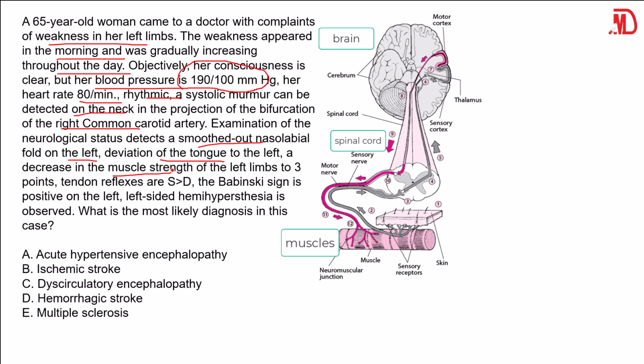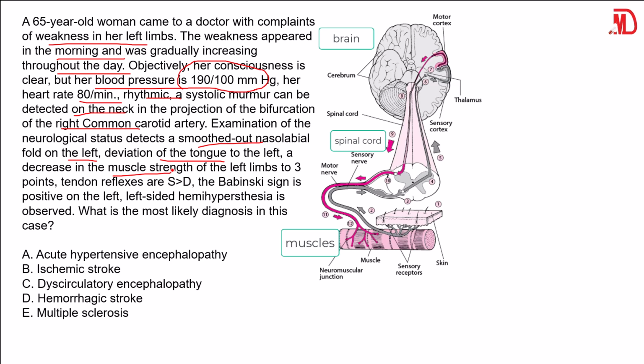So that is the connection. It's from the brain to the spinal cord and then to the muscles for contractions to take place. Basically, that's how it works.